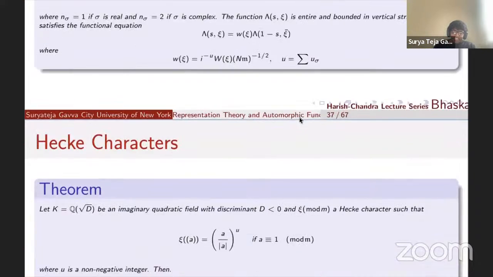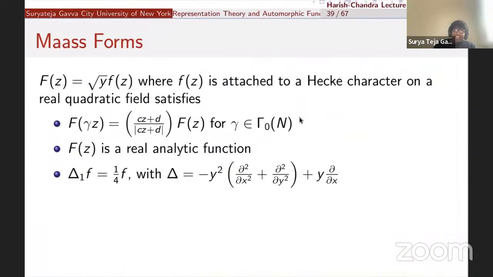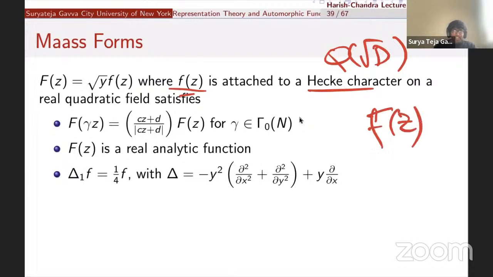When they were studying these, they constructed some functions, capital F of z, attached to these objects on quadratic fields, which are not holomorphic.